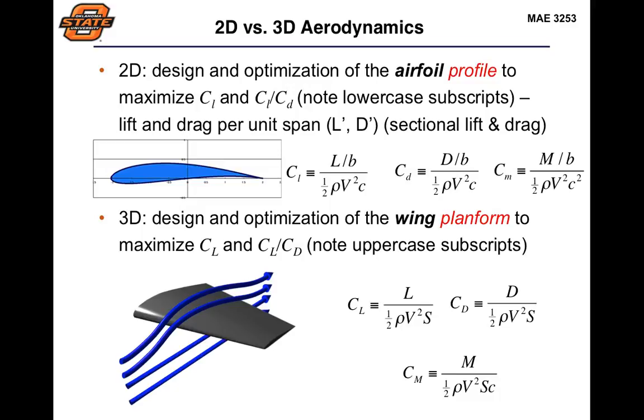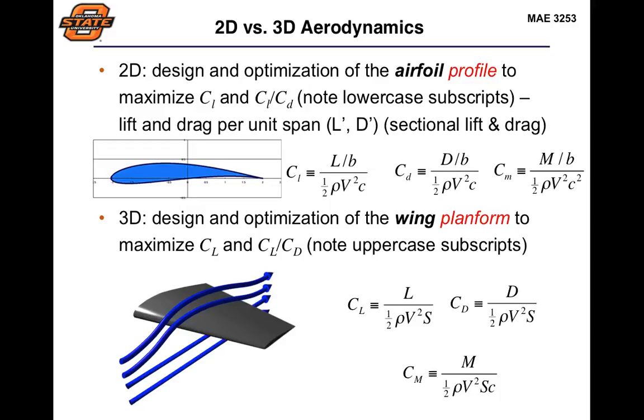Now you can relate those directly back to the 3D versions, which is classically how we define lift, drag, and moment coefficient with the equations below, just by taking lift and dividing that by span. So we're really talking about lift per unit span, drag per unit span, and moment per unit span. Notice that if you take a rectangular airfoil, the wing area S is the span b times the chord c.